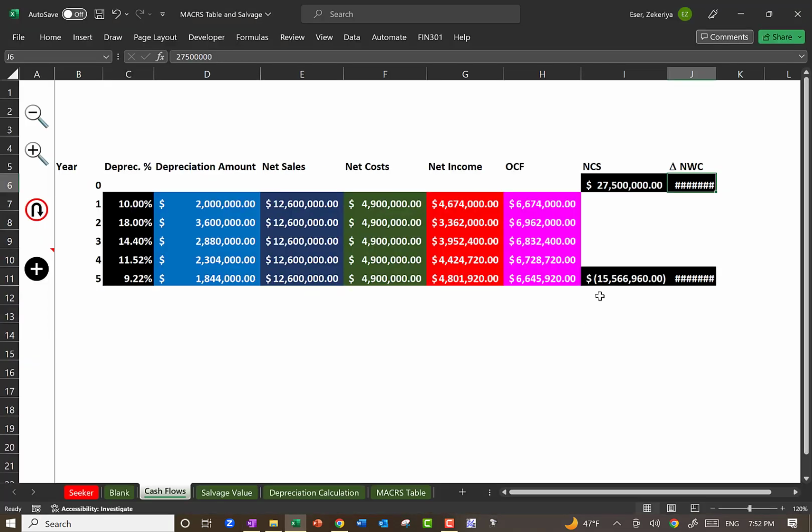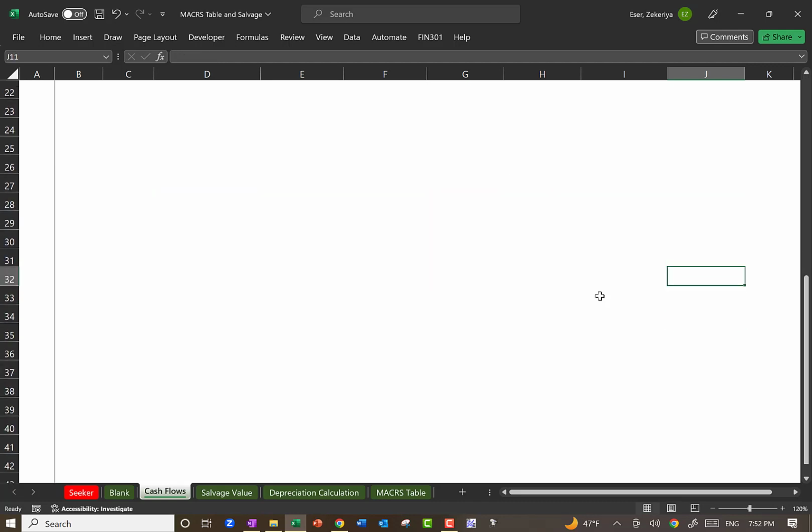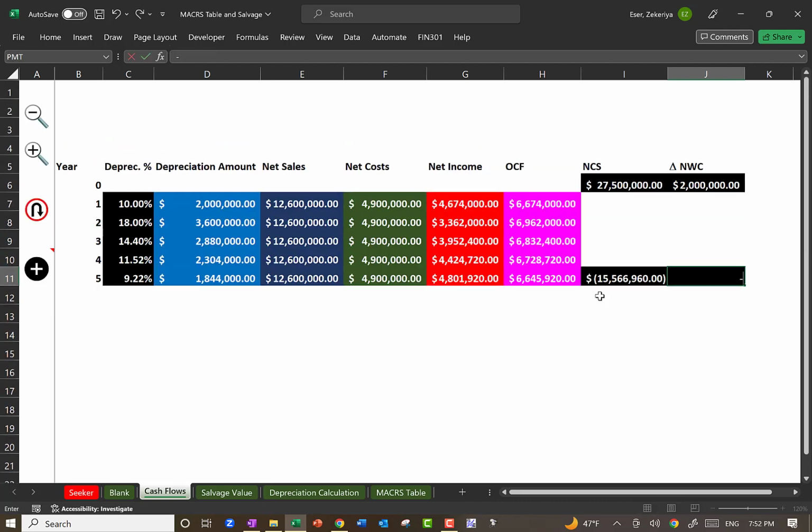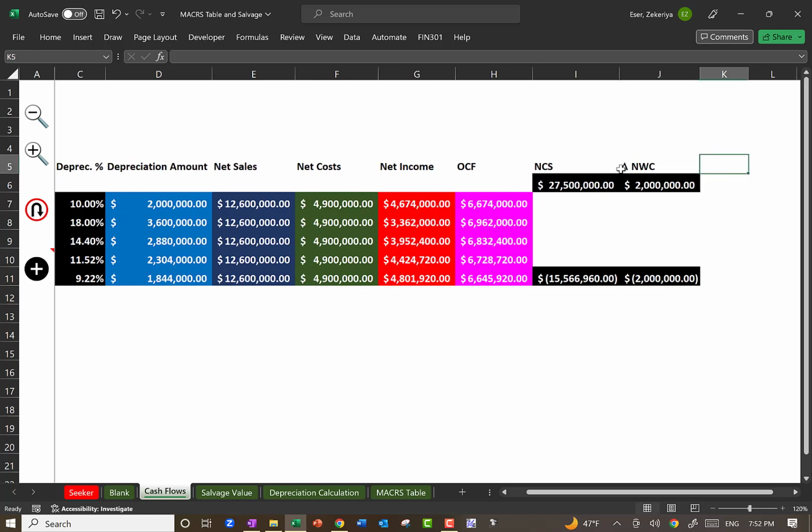Two and two. And finally, cash flow from assets.